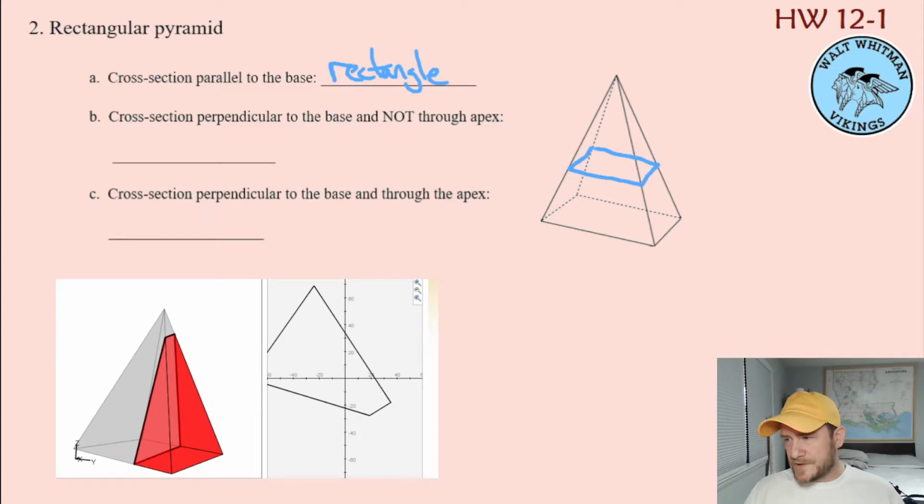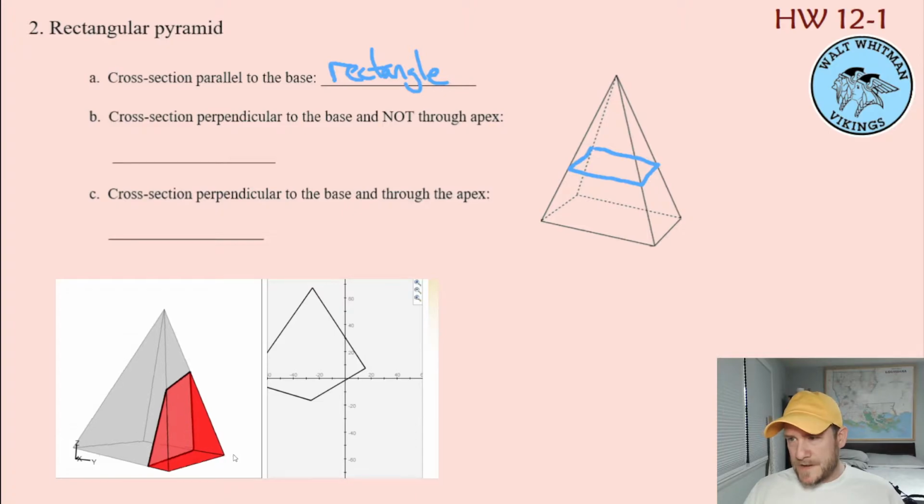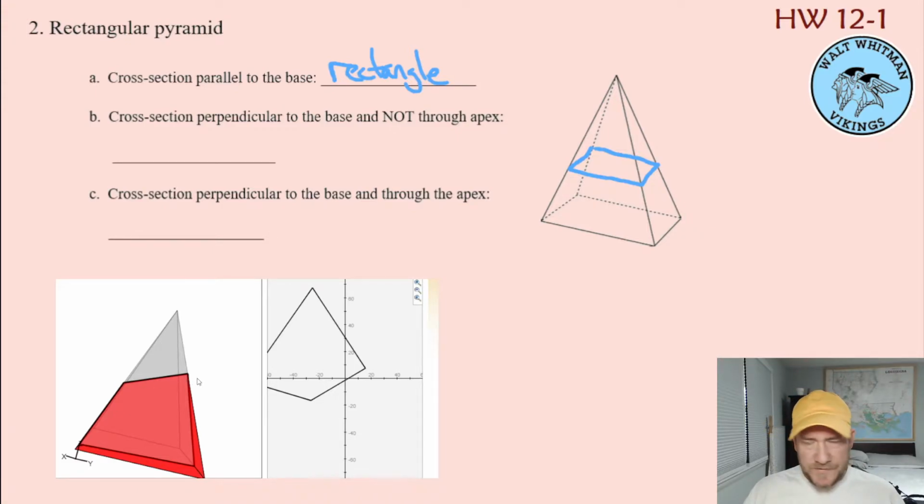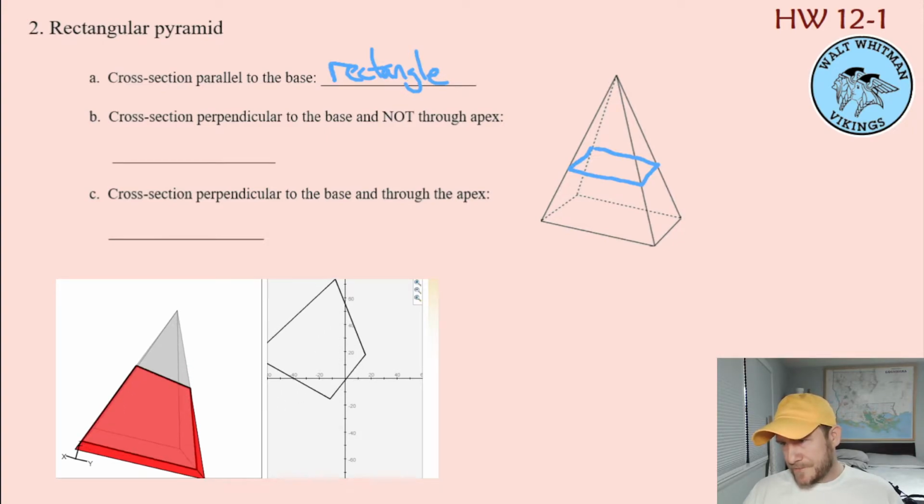So if I make sure that I'm not passing through the apex, if I'm here, then we can see we get, in one instance, an intersection that's a quadrilateral. It's got 4 sides, but none of them are parallel, none of them are congruent. It's just a quadrilateral.